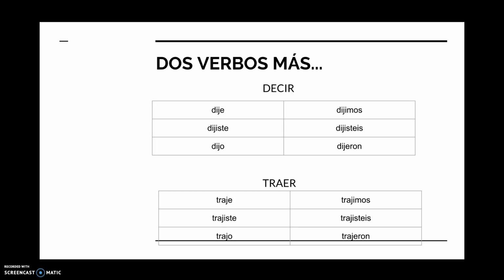We have yo dije, tú dijiste, él, ella, usted dijo, nosotros dijimos, vosotros dijisteis, and ellos, ustedes dijeron. There is no I in this ellos ending here. We also have traer, to bring. Yo traje, tú trajiste, él, ella, usted trajo, nosotros trajimos, vosotros trajisteis, and ellos, ustedes trajeron.